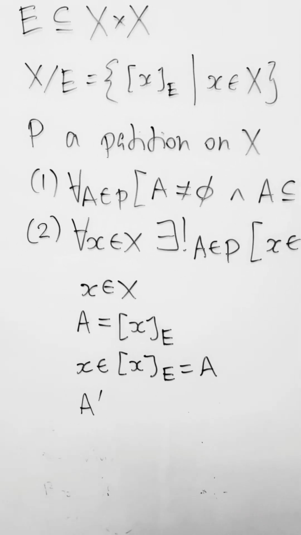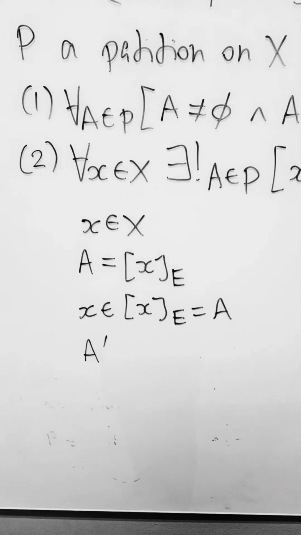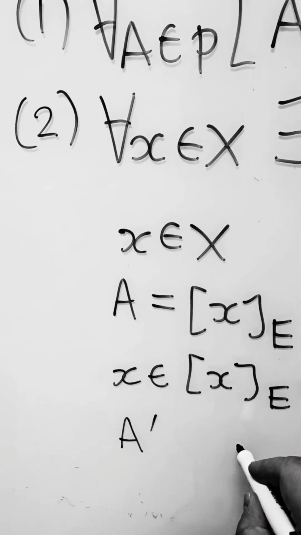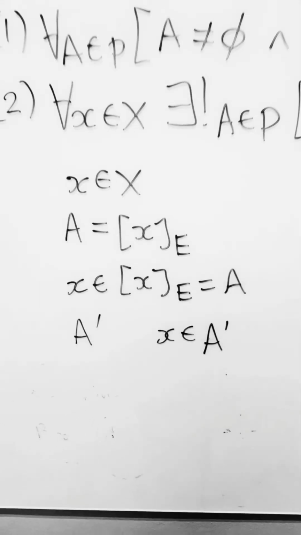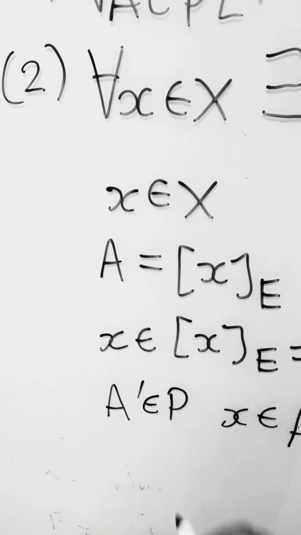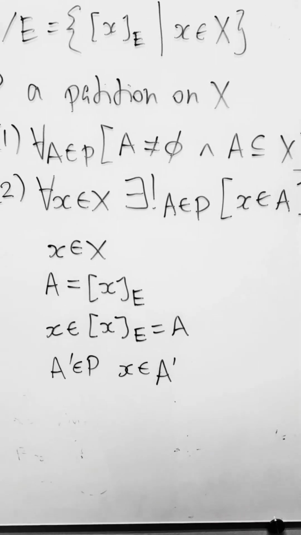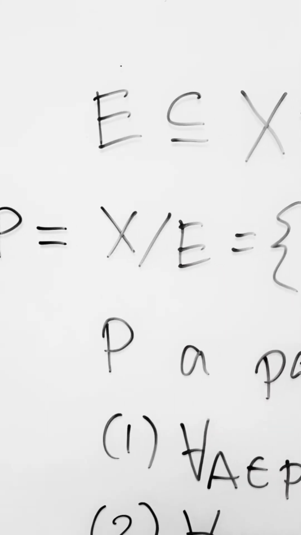Then we can consider a possibility of a second A and call it A prime. What we know about that A prime is that x is an element of A prime. What else do we know about A prime? Well, we know that A prime comes from P. What is P? Here we propose the partition P to be X over E.